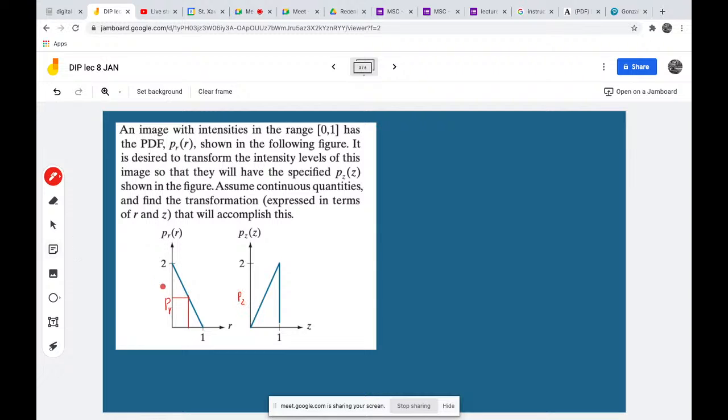So you mean to say that you subtract 2. So how do I write it? PZ is equal to PR minus 2. So let's try that.